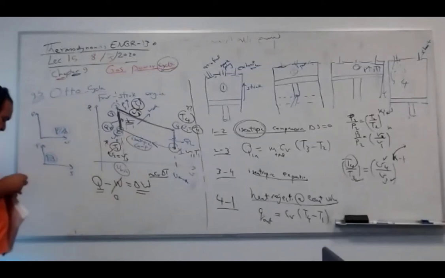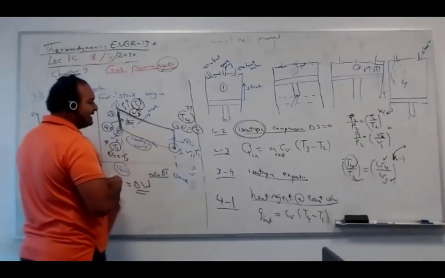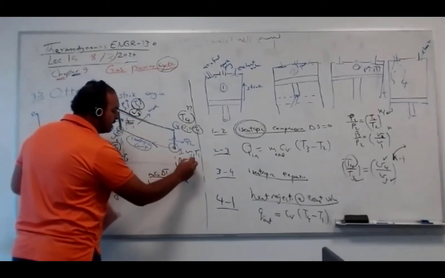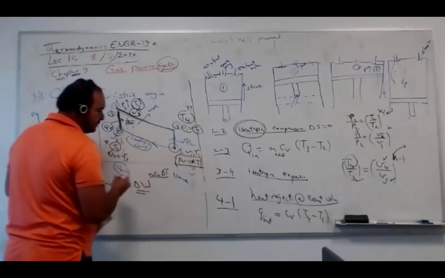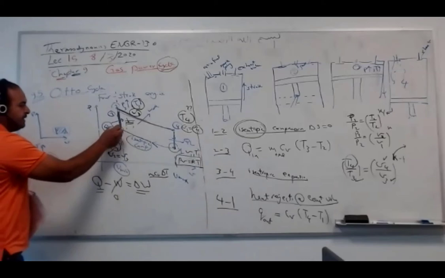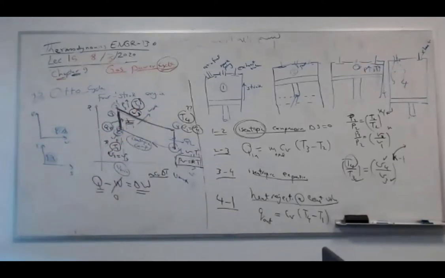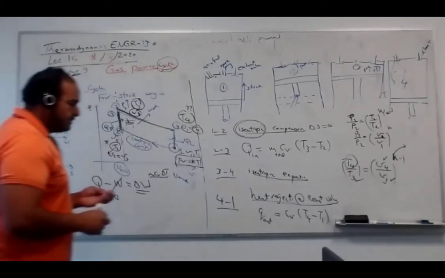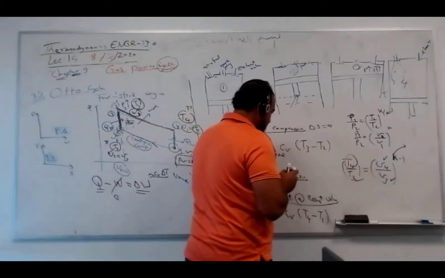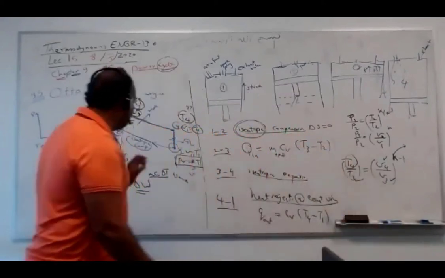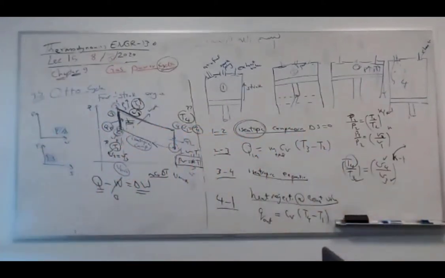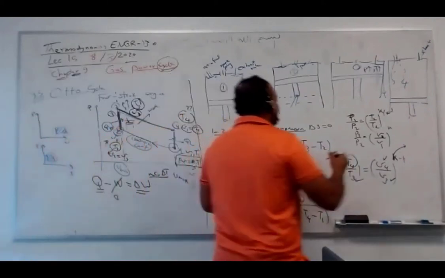But for a single state, ideal gas law, PV equals RT. This is state information, not a process. So for every state, PV equals RT. That's called the ideal gas law. Isentropic: P over V equals T over T.